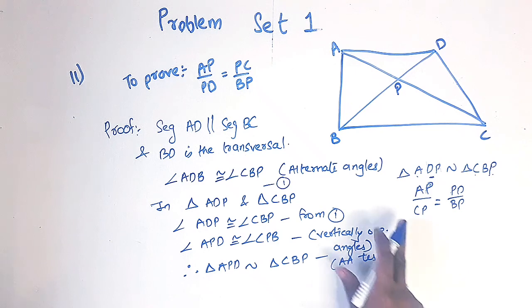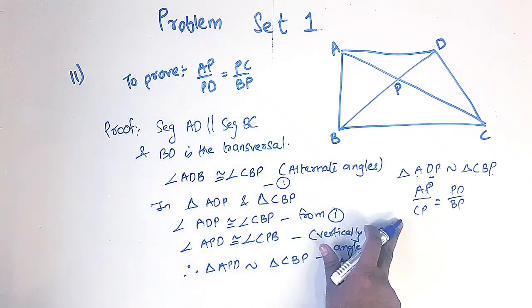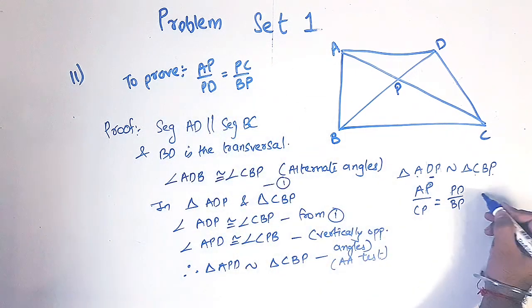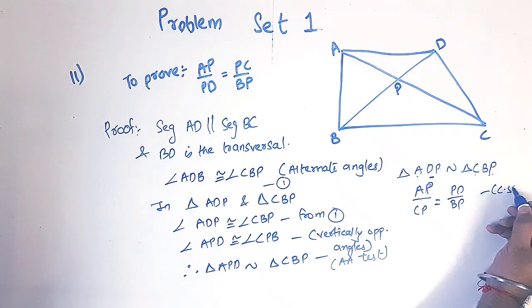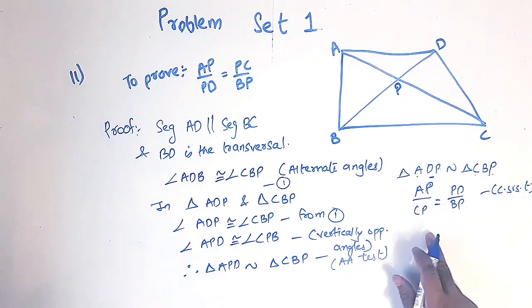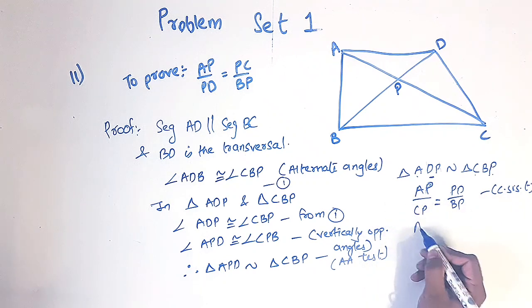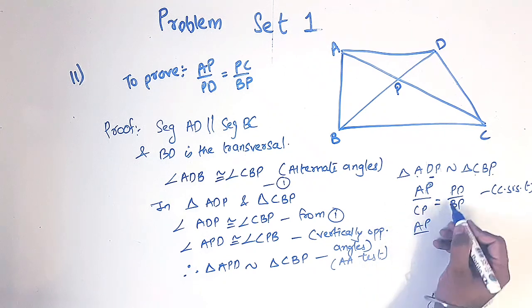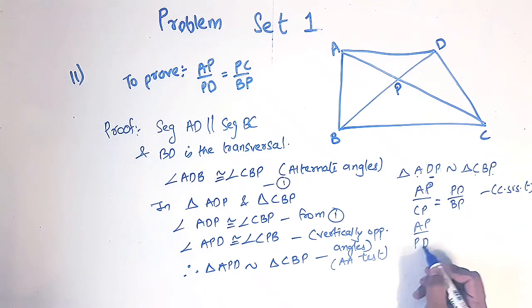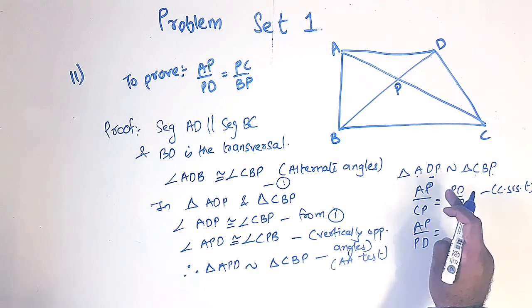Now what we want and what we got is slightly different. How can we make it proper? Just by giving it alternando. So AP upon PD I'll bring here. You know what is alternando, students?